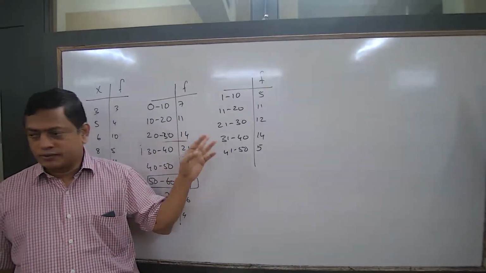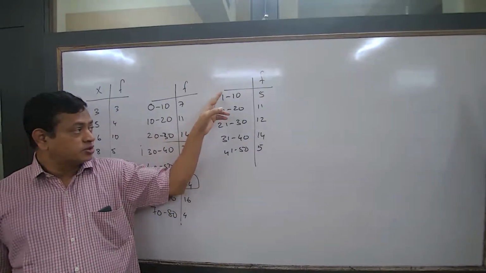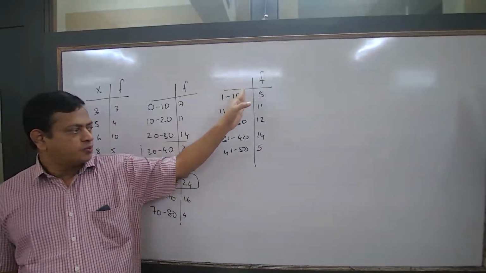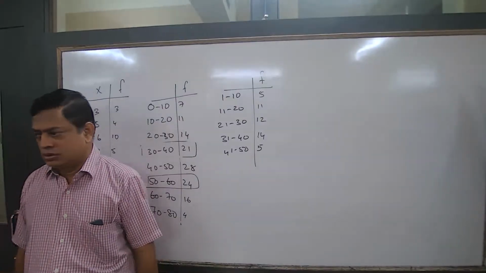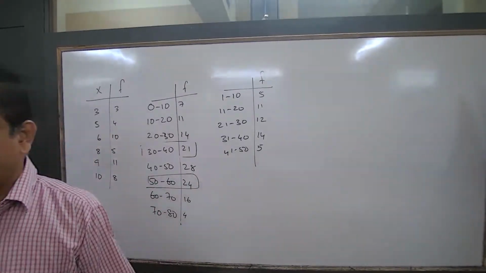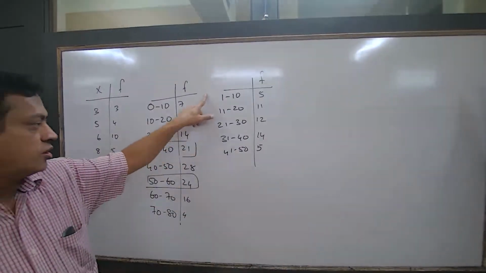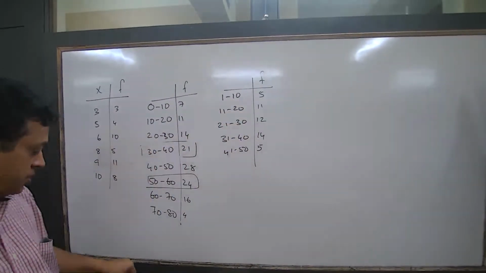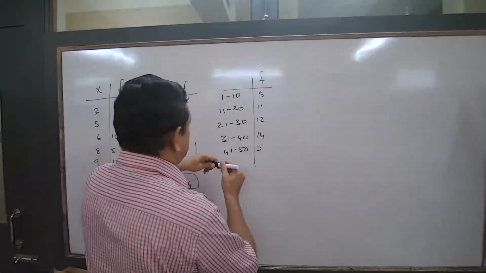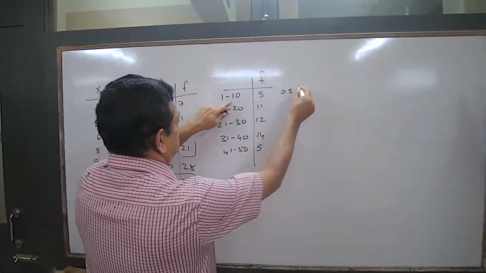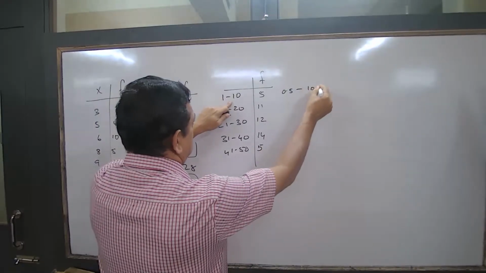So 0.5. Now subtract 0.5 from the lower limit and add 0.5 to the upper limit. In most cases the adjustment factor is 0.5, so 0.5 is subtracted from the lower limit and 0.5 is added to the upper limit. 1 minus 0.5, how much? 0.5. 10 plus 0.5 is 10.5.